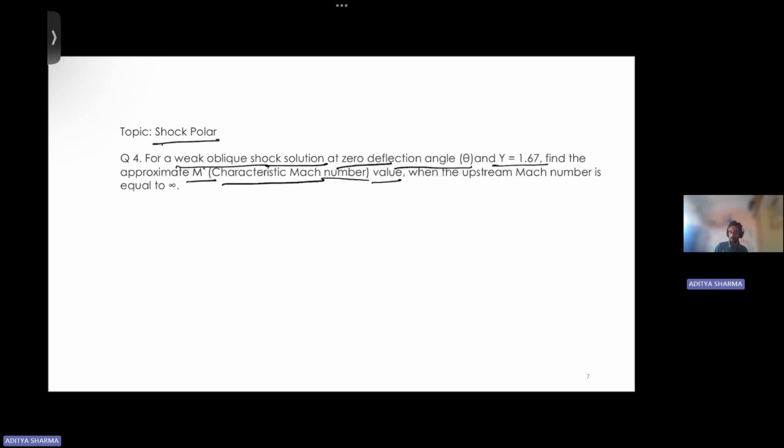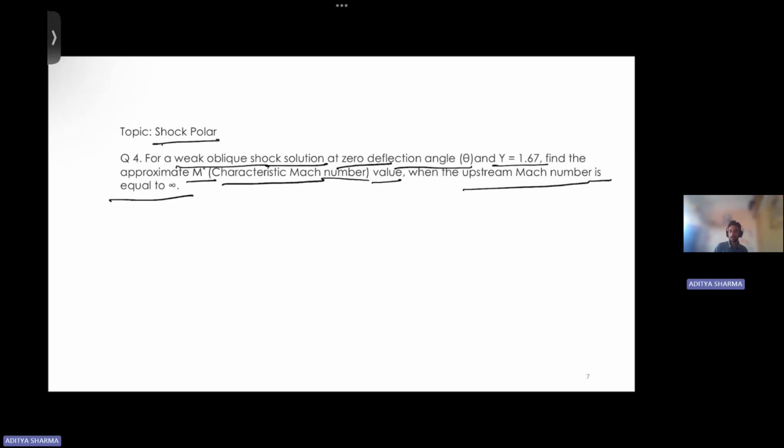So the question has asked us to find this at zero deflection angle, and when the upstream Mach number is equal to infinity, right?